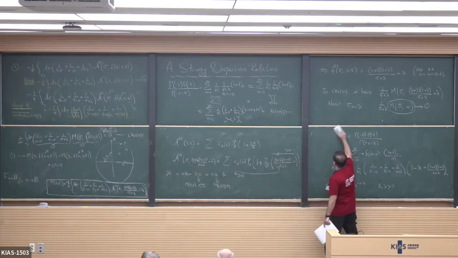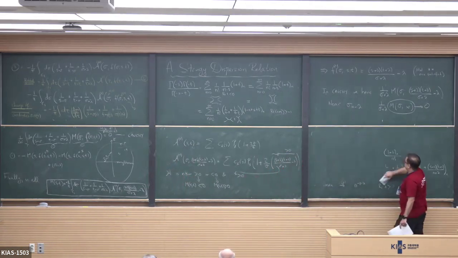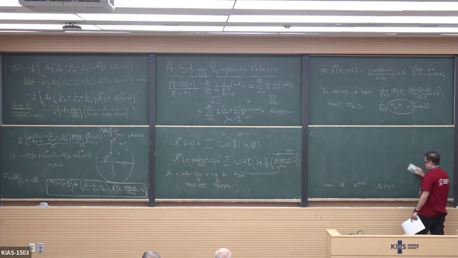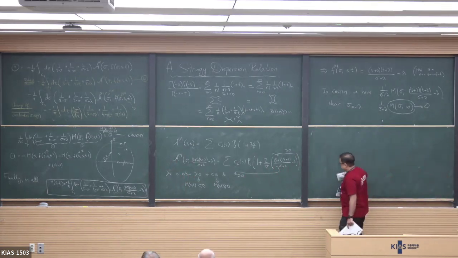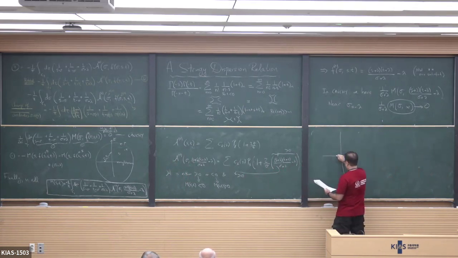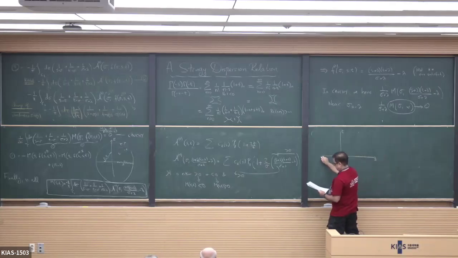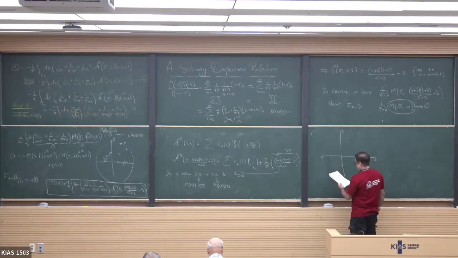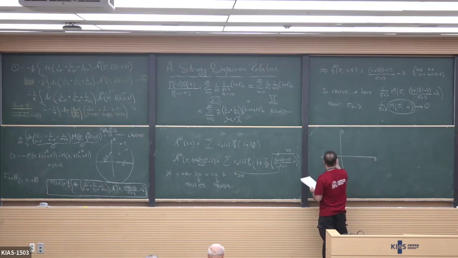And now you can go wild, because now you have to find the domain where these conditions are satisfied, where you have a definite sign. And it turns out, so this is t versus s. You get a beautiful looking curve or domain.